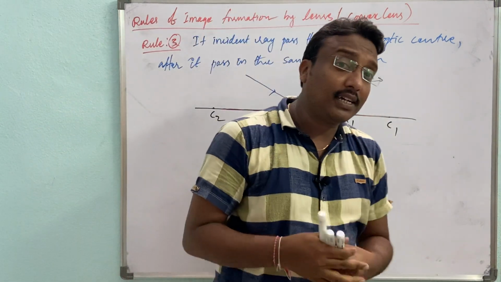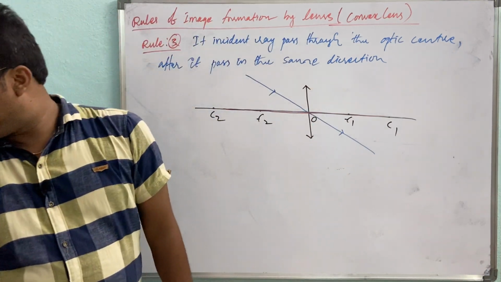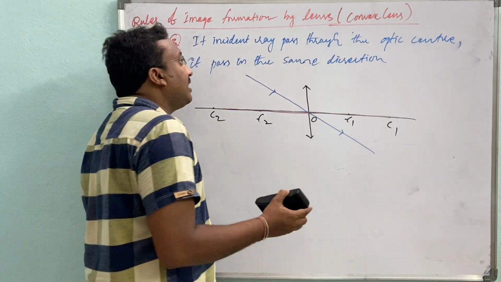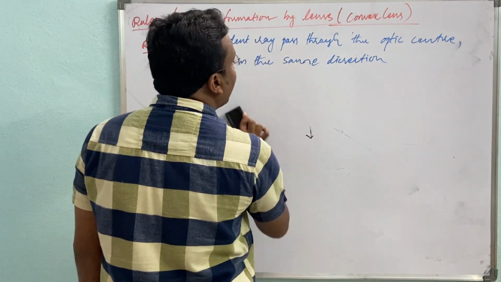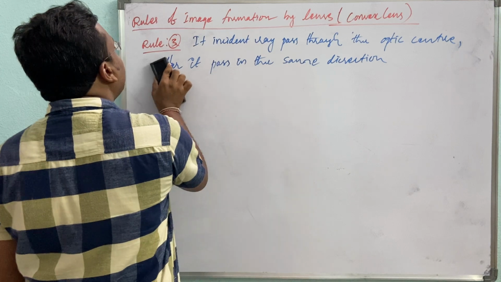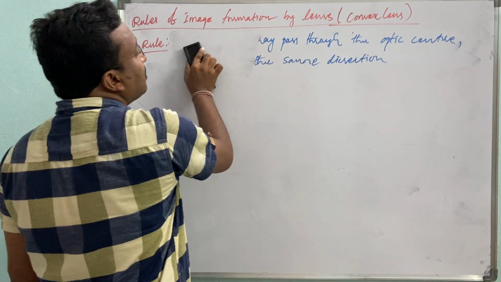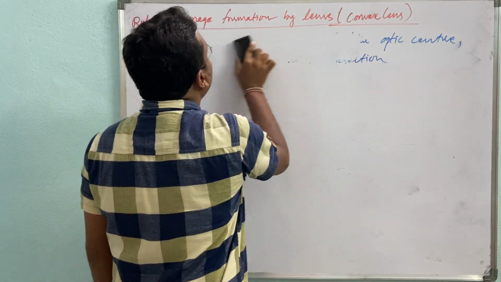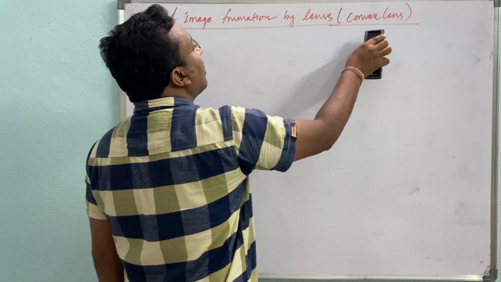They get refracted, but no deviation. They travel straight. Got it? Right. These are the rules related to the convex lens. Now we are going to discuss the rules of image formation by concave lens.